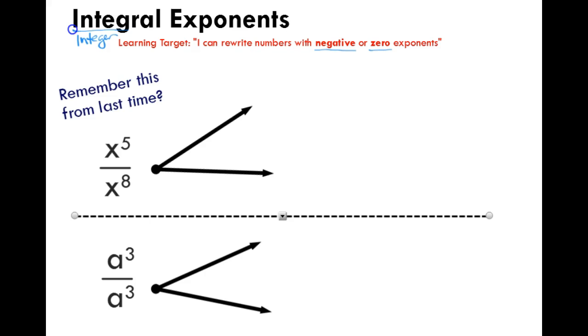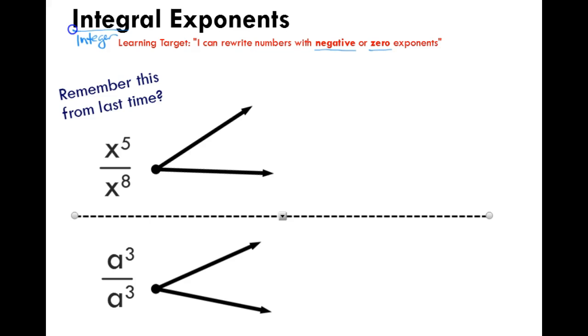We're going to start with this one that was x to the 5th over x to the 8th. And it says, remember this from last time, because in the last video we talked about how to multiply and divide, and then powers of powers. We learned some stuff about exponents already. So one of the things we learned was using the rule.